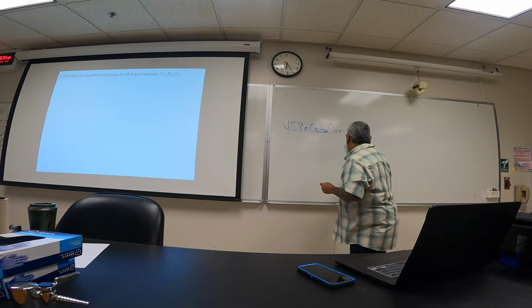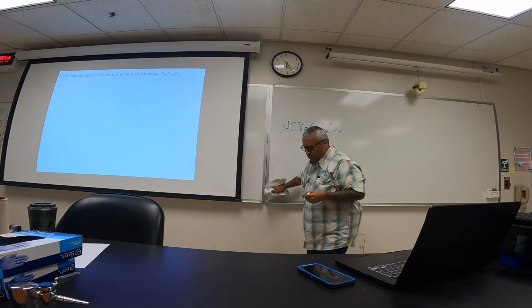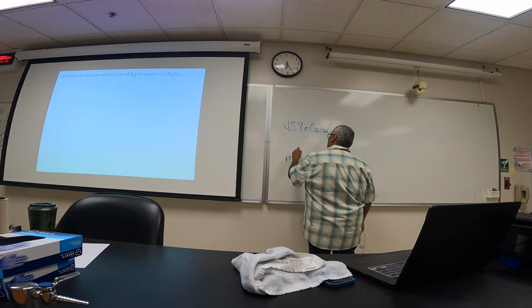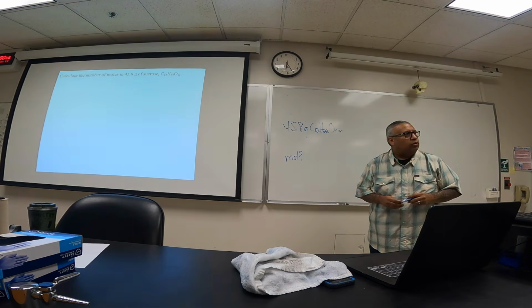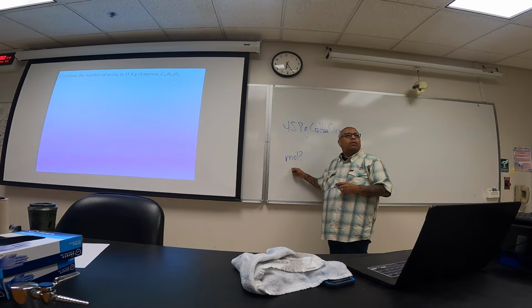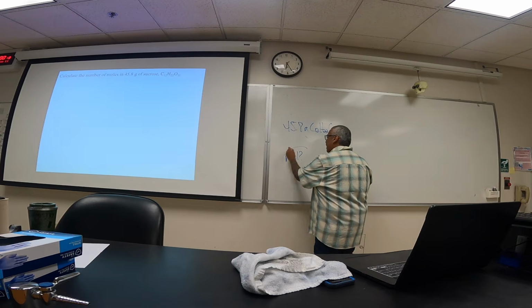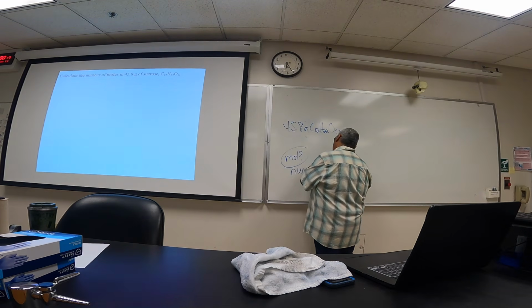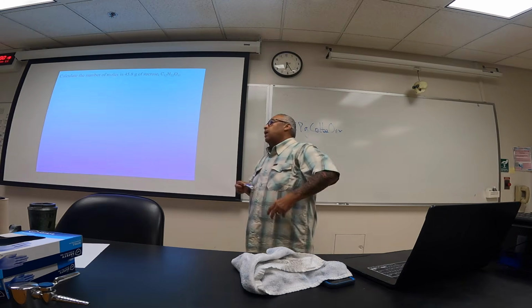And what is the unit that we're looking for? We're looking for moles, right? We're looking for the number of moles, which means moles has to be where in our problem? The numerator. So we need to get this into the numerator.